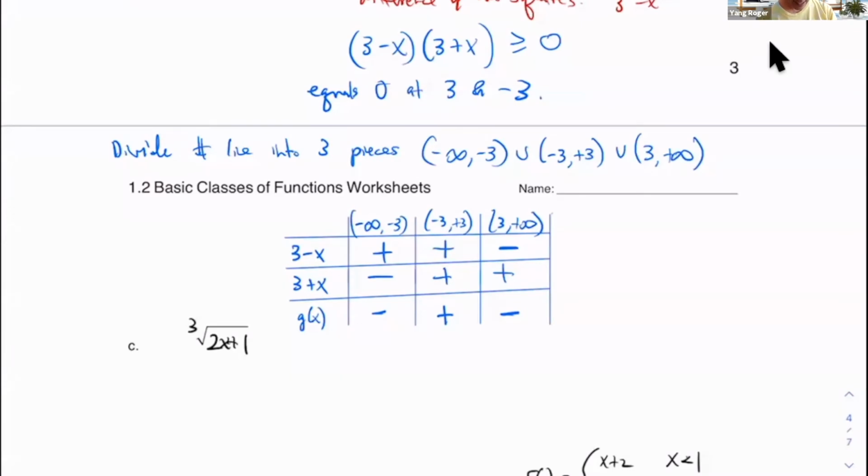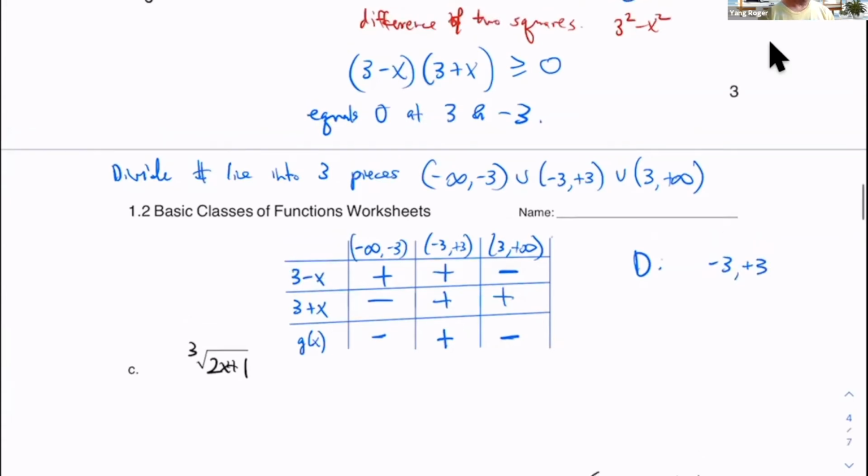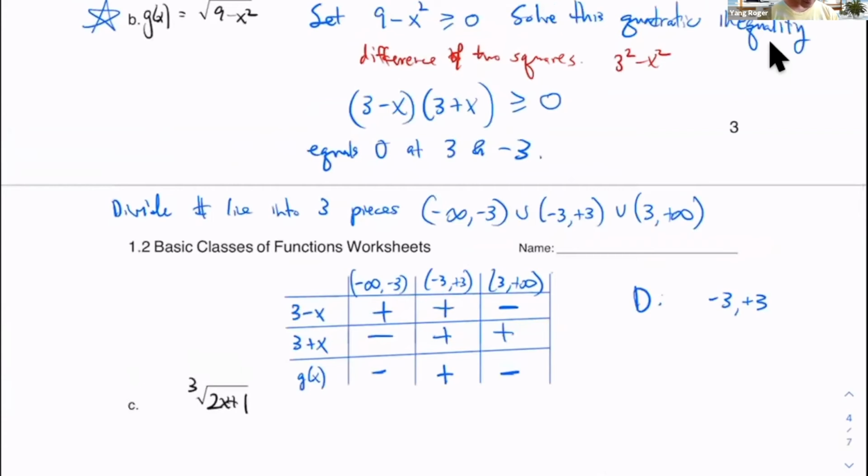So my domain D is going to be -3 to +3. And then the next question is, do you want to include the endpoints or not? In this case, we want it to be greater than or equal to, because you can have the square root of 0. The square root of 0 is 0. So we're going to include those 2 endpoints. So this would be a square bracket. That'll be a square bracket. And that'll be our answer.